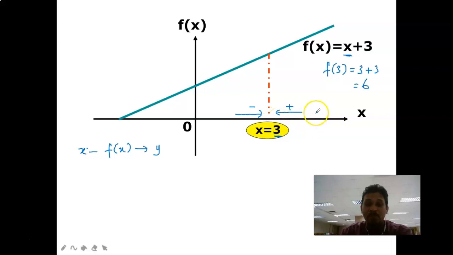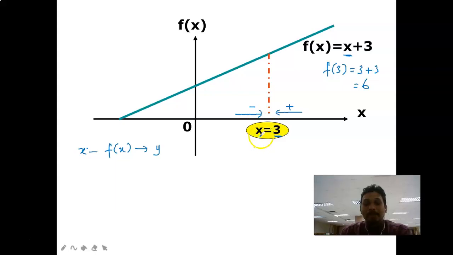Okay, and approaching 3 from the left, the values might be in this area: -2, -1, 0, 1, 2, 2.5, 2.7, 2.8, 2.9, 2.99, 2.9999.